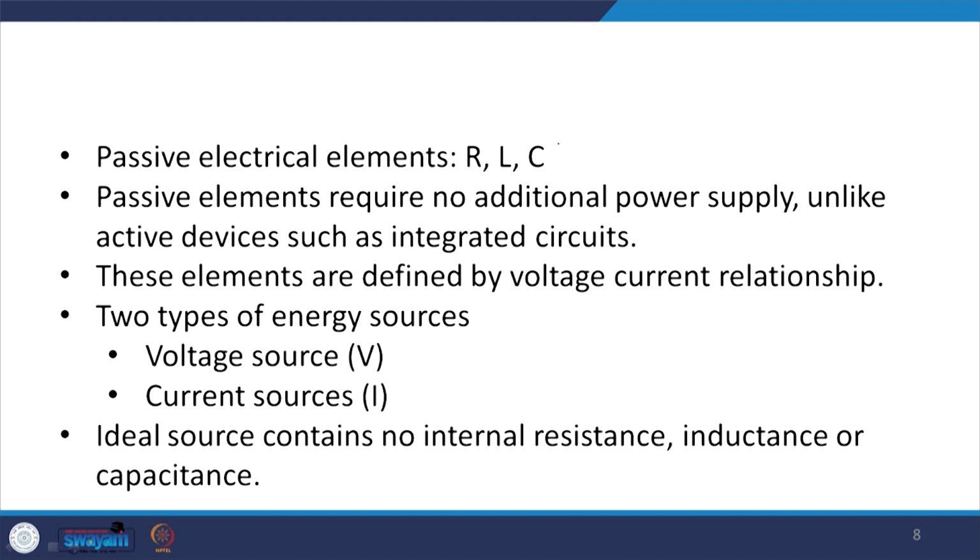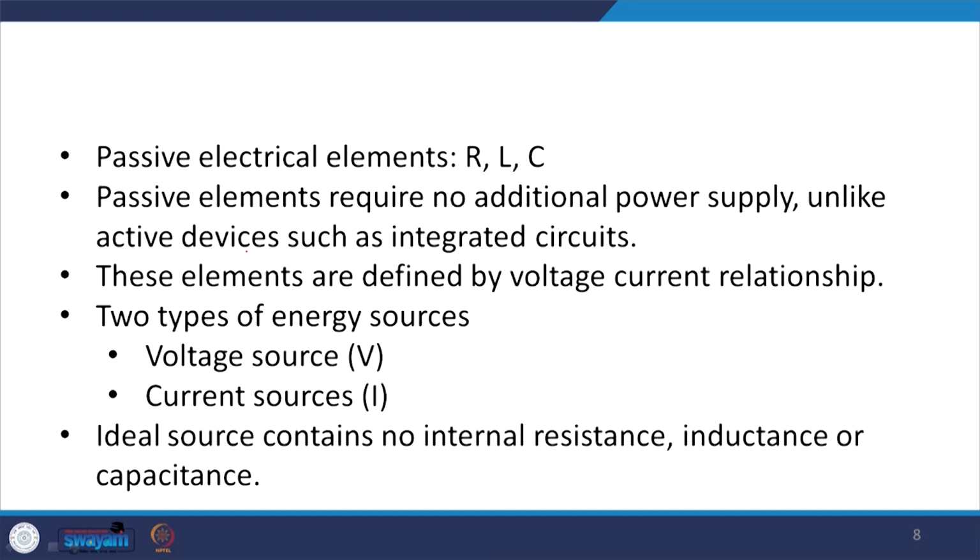And as I said, passive elements require no additional power supply, unlike active elements such as integrated circuits. I have talked about diode and the transistor also as active elements. These elements are defined mathematically by the voltage current relationship.